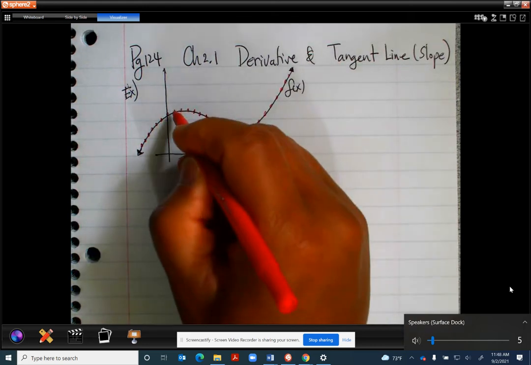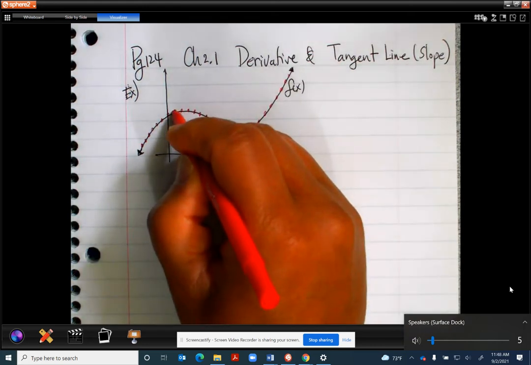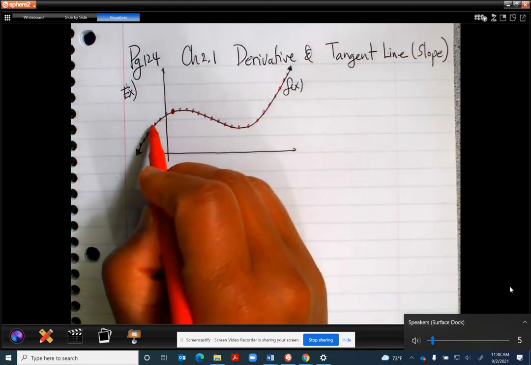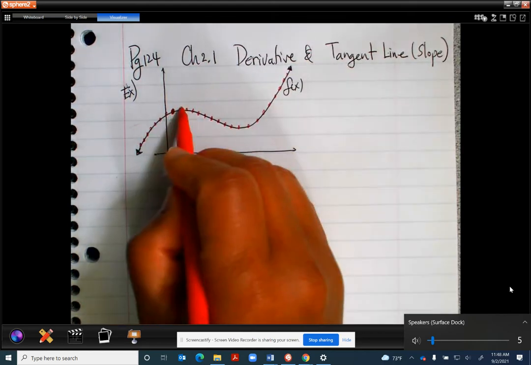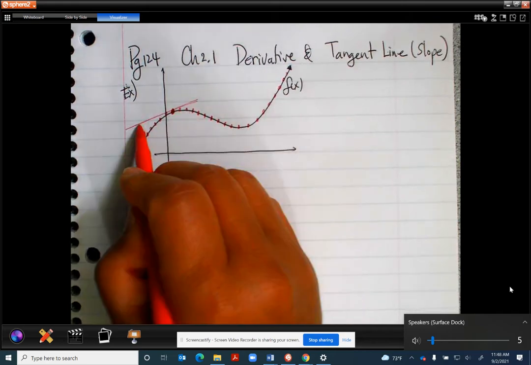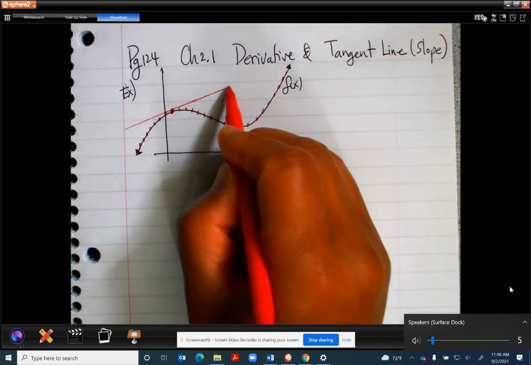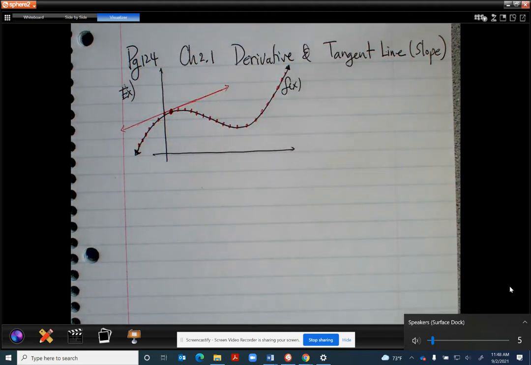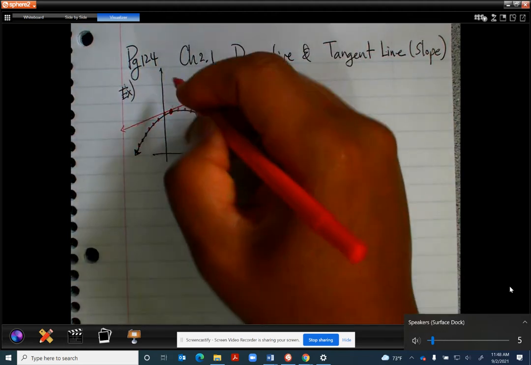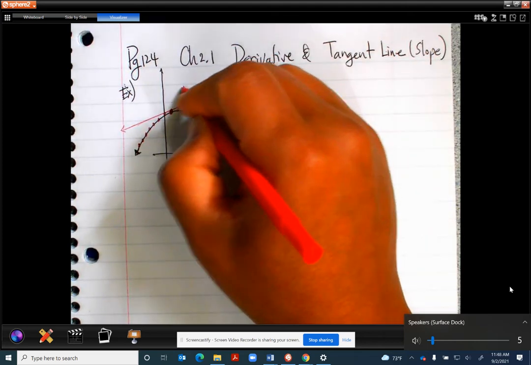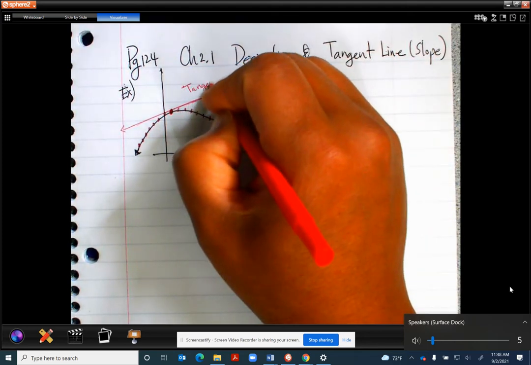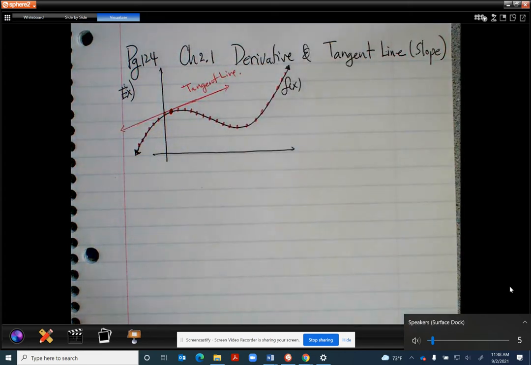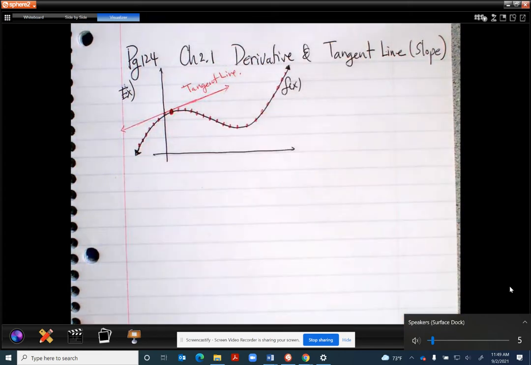So for example, right here, if I take a look at this point here someplace, when I draw my tangent line, it needs to barely touch that location. Just like so, right there. You see it? So this will be your tangent line. That's just one example of a tangent line at this location.